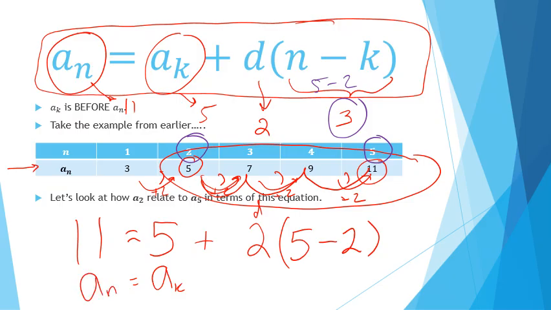This is our a of n, so those are our two terms, plus your jump, which is d, your common difference, times the number of jumps, which is given to us by taking our position indicators, n minus k. So you're taking 5, the position of the later term, n, minus k, the position of the earlier term, which is 2, because 5 was our second term. So hopefully that equation makes sense. If not, just memorize the equation verbatim, and that should help you with the rest of this lesson.